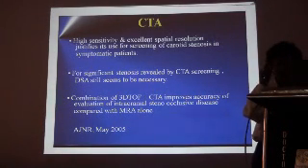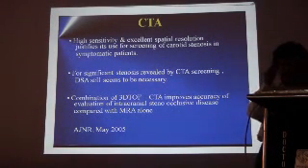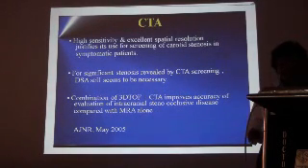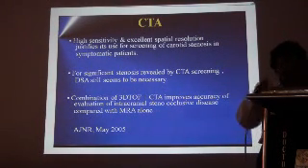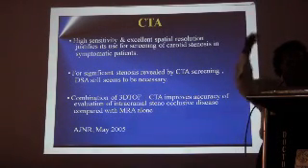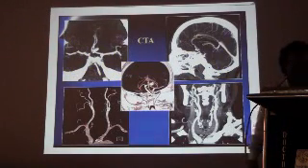Three-dimensional time of flight MR angio plus CT angio, the combination improves accuracy over MR angio alone. MR angio with 3-dimensional time of flight and CT angio together give more accurate information of the intracranial topography.